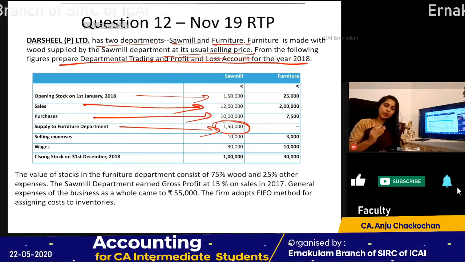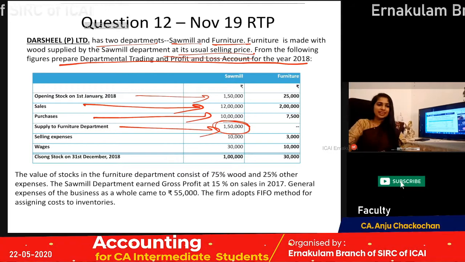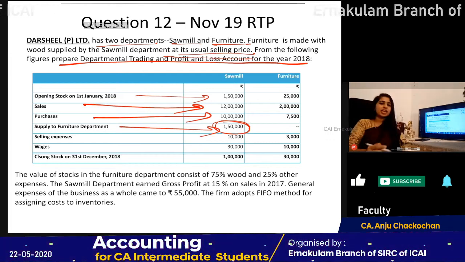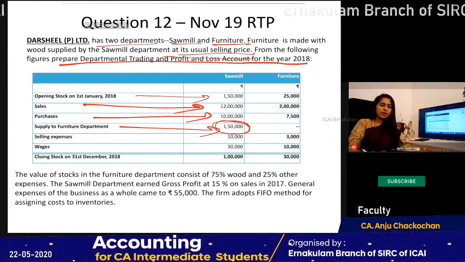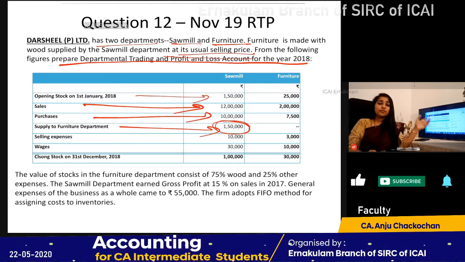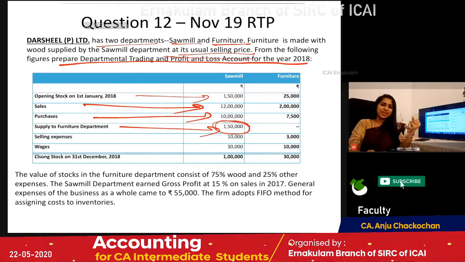Exactly. For sawmill this will be a sale and for furniture department this will be a purchase.